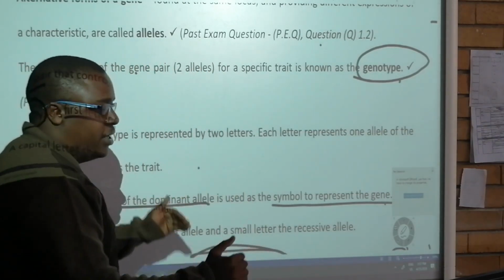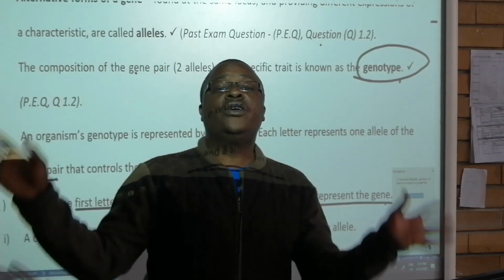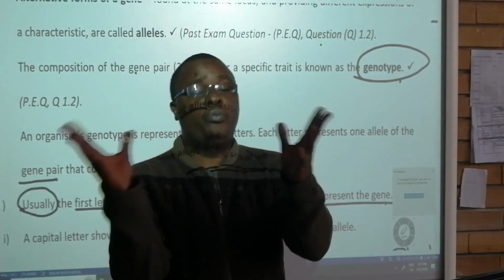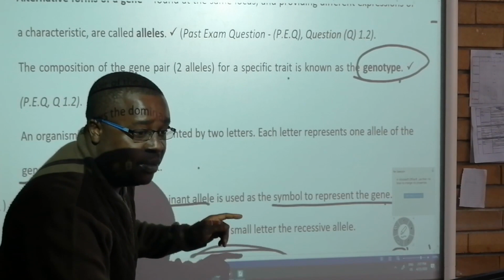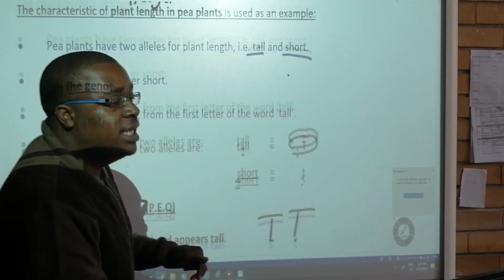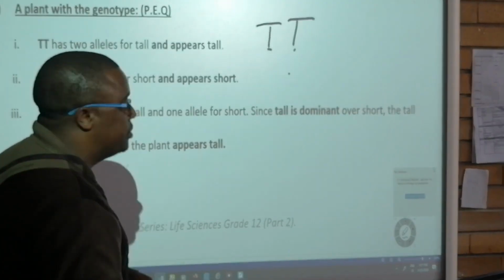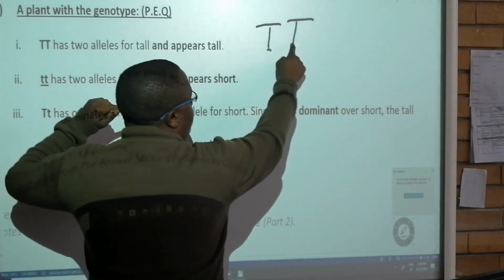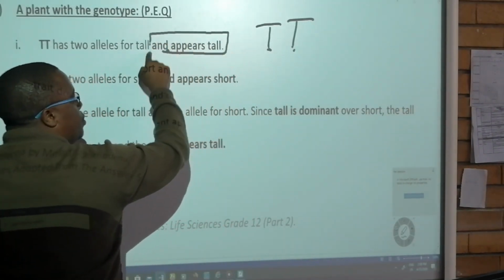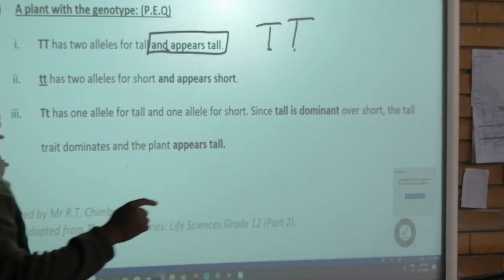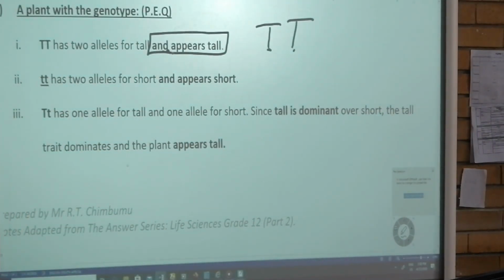So, if our pea plant, the one that we imagine in our heads, is a tall pea plant, it means that if the plant has this genotype, it's going to appear tall. I hope you get me.